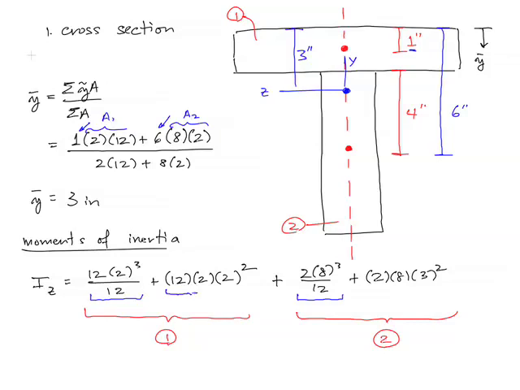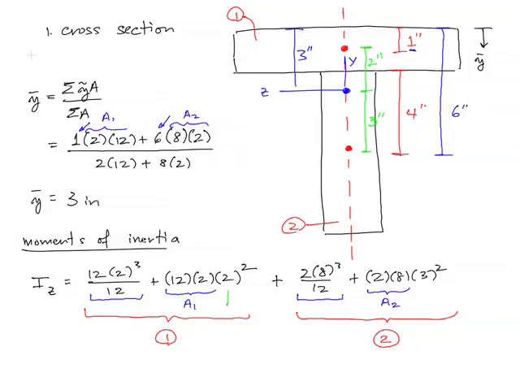So this is the area of piece number 1. This is the area of piece number 2. And then the d's are these distances right here. And let me put these in this nice bright green color. So the distances are the distances from the centroid of each piece to the composite section centroid. So this is 2 inches. And this distance right here, this happens to be 3 inches.